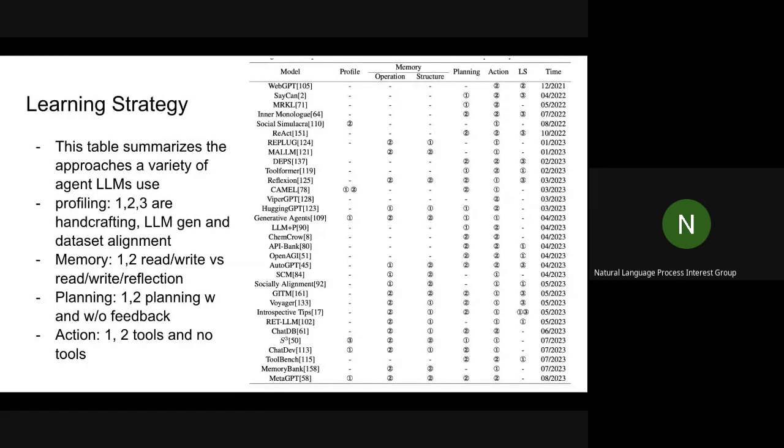The learning strategies were, yeah, so there's three different learning strategies they decompose it into. One is learning from examples, learning from human feedback, and learning from environment feedback. So those are the options there.